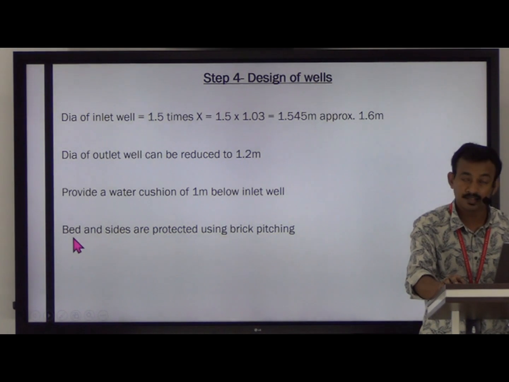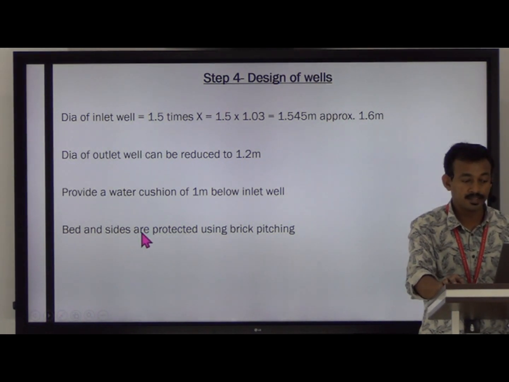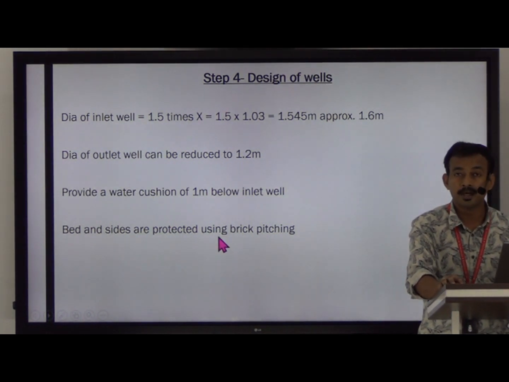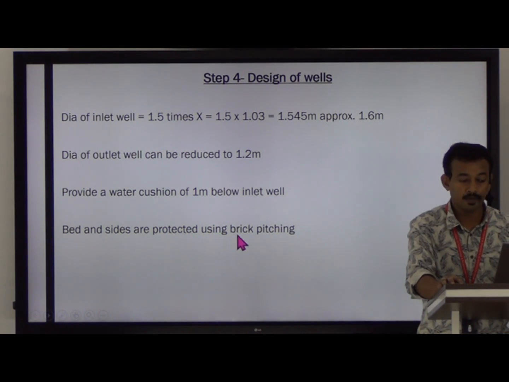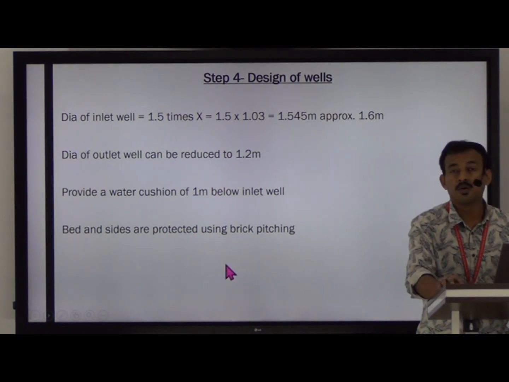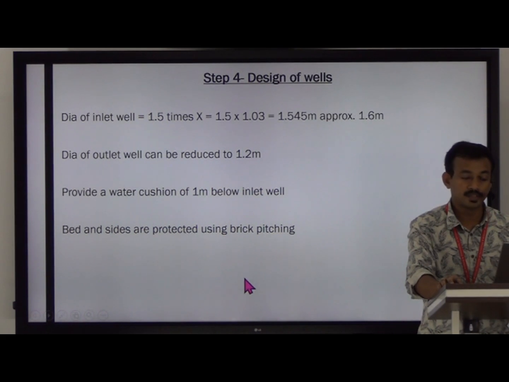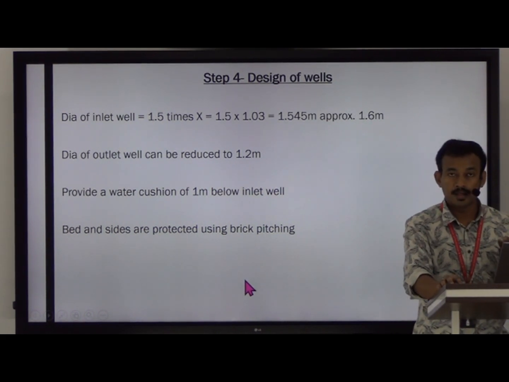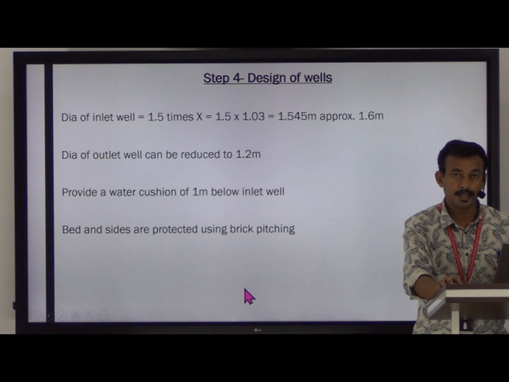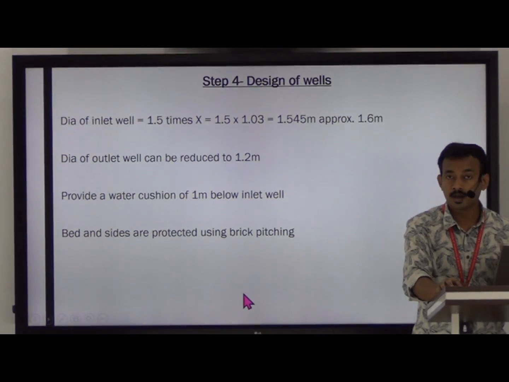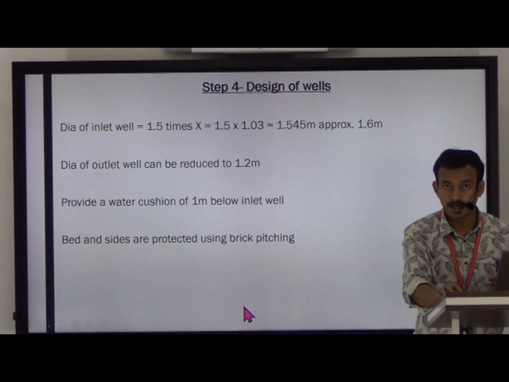Also, you have to provide sufficient bed and sides for protecting the brick pitching of the siphon well drop. So this is all about the design of siphon well drop. Here we are designing the notch we provided at the opening of the inlet well.